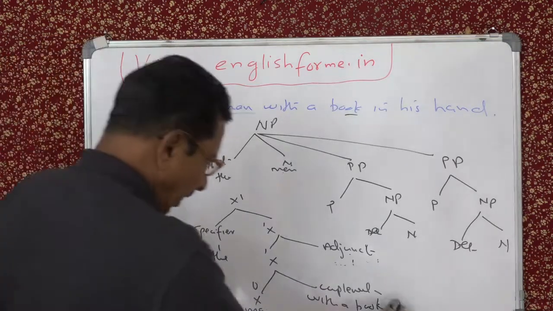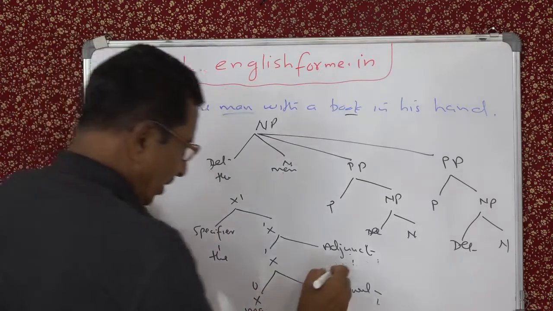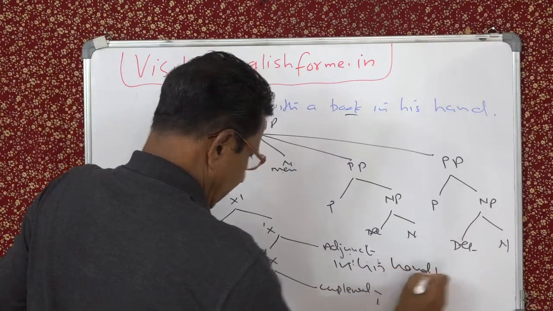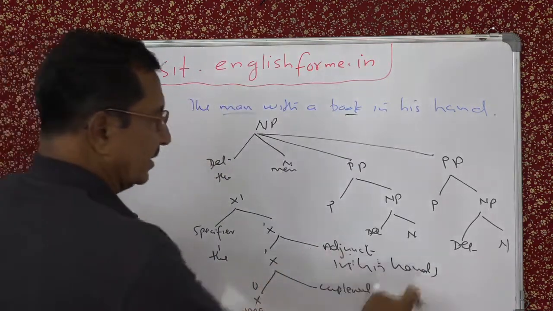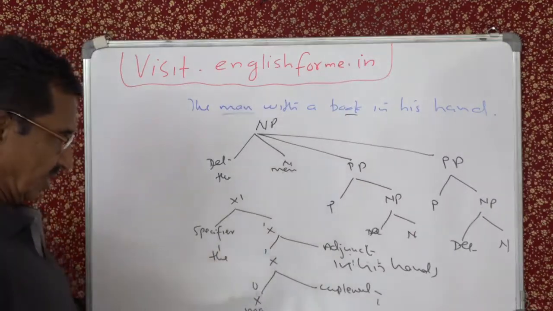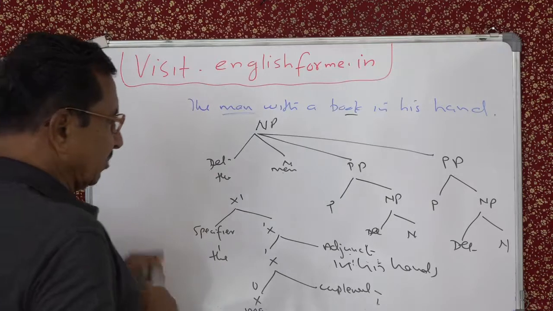But suppose you don't have this complement. Complement is a must. And you have "in his hands." "The man in his hands." No sense. I hope you understand. No sense. So here, this is the X-bar projection.